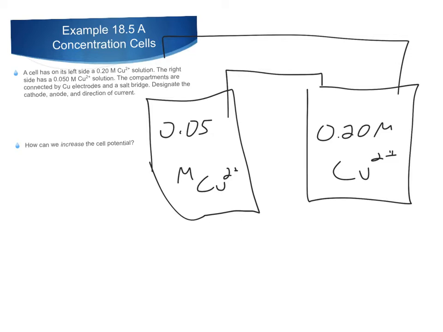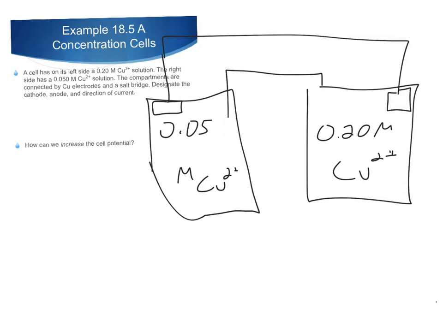Now, these molarities are going to meet somewhere in the middle, and that's our real clue to our half reaction. We need the concentration of this copper to go up and this copper to go down. That tells me the half reaction. So assuming we've got copper electrodes on each side, we've got solid copper available.